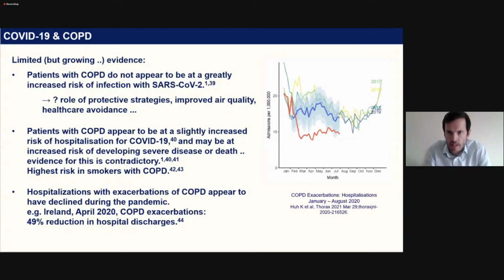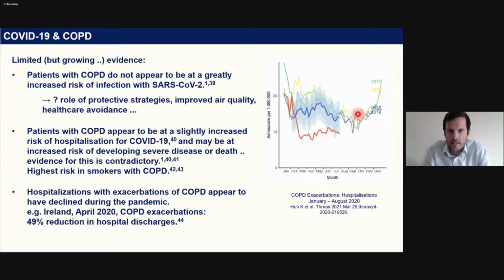Interestingly, most of the published data so far suggests that the number of hospitalizations with exacerbations of COPD has declined during the pandemic. For example, data relating to the first wave of COVID-19 in Ireland showed that the number of patients admitted with exacerbations of COPD had declined by 49% compared to the same time in 2019.